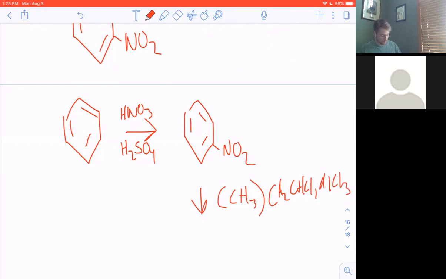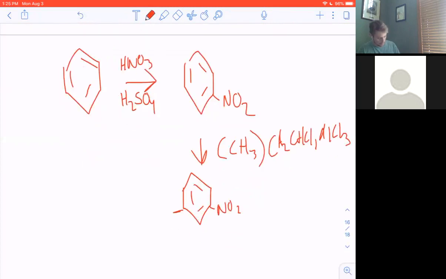So apologize for that handwriting, but what this will look like then is you're just adding that group to the meta position. I'm going to draw it over here just in the interest of space, but that's the same as where it's written in the key. You've basically added this group. All you're going to do then is oxidize it. Remember, that's the dichromate one.